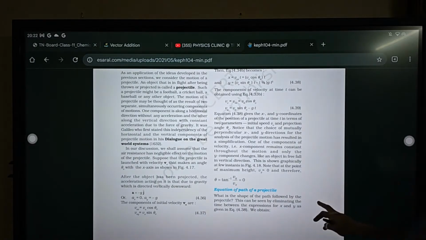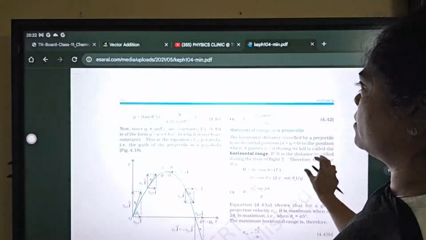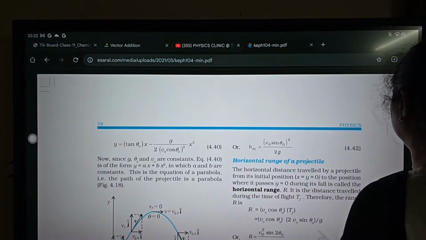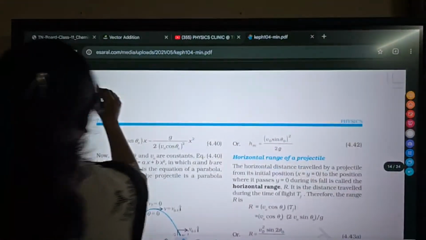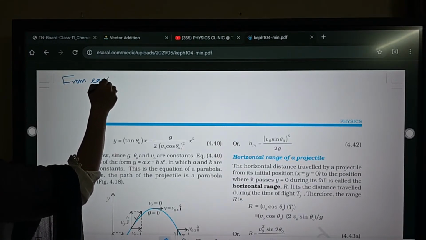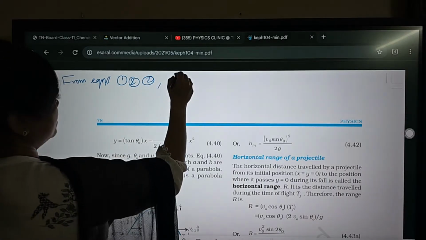Okay, so can we do that right now? You better write in your notebook: from equation 1 and 2, we are eliminating t.